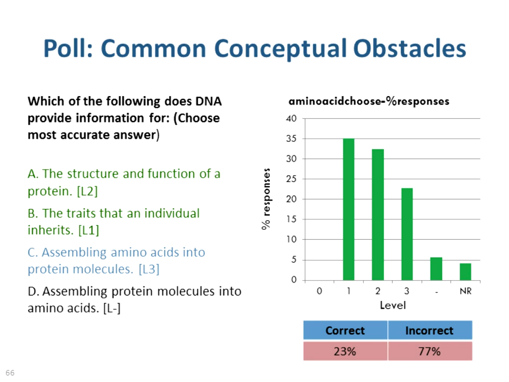So what you can see under the A, B, C pieces here is that A is what we call a level 2, B is a level 1, C is a level 3. That's the most sophisticated level of understanding that you can have with this particular question, and D is a level nothing, because it's really mostly just a confusion here.